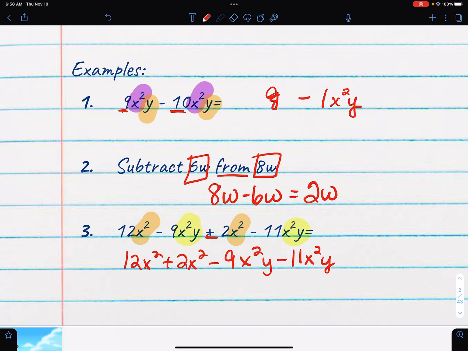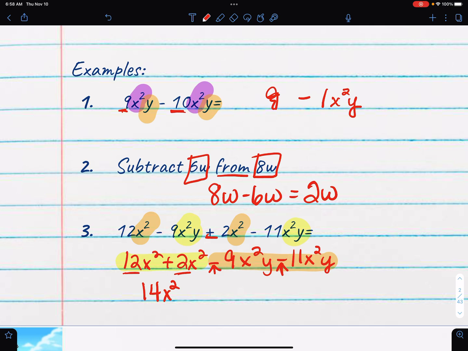Now, if you remember all those things that we taught when we're dealing with adding positives and negatives. In this situation, I have 2 positives, so that becomes 14. Keep the variable with it. But this one, I have a -9 and a -11.